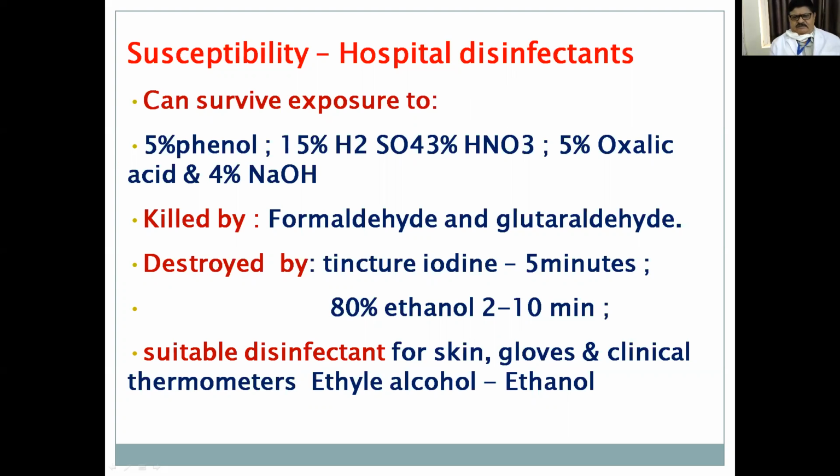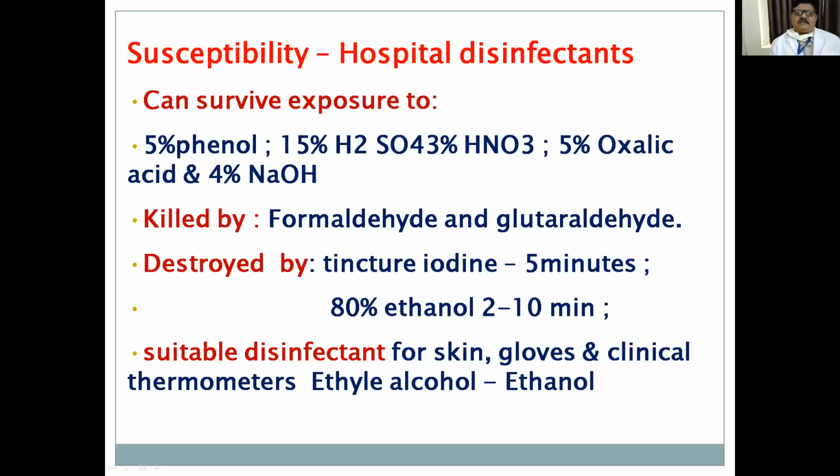So tincture iodine for 5 minutes destroys it. And 80% ethanol, 2 to 10 minutes. That is, you must allow the contact for 2 to 10 minutes, then only it is destroyed. That is why it is a suitable disinfectant for skin, gloves, and clinical thermometers.